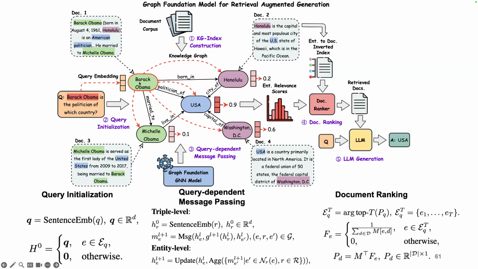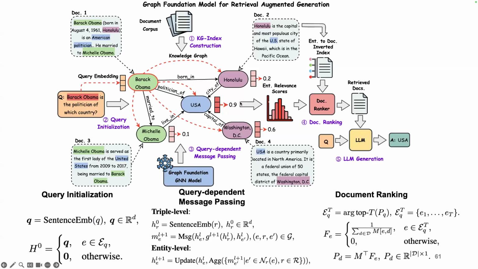So after that, we can conduct a query dependent message passing. Basically, we will propagate the information from the question entity to all the other entities on the graph so that we can capture their relevance to the certain question. After multiple layers of message passing, we can capture the multi-hop information in the knowledge graph and find the potential reasoning paths that lead to the final answer.